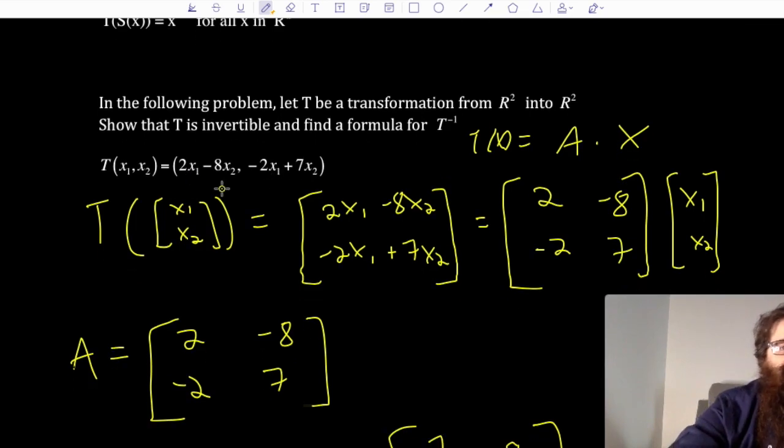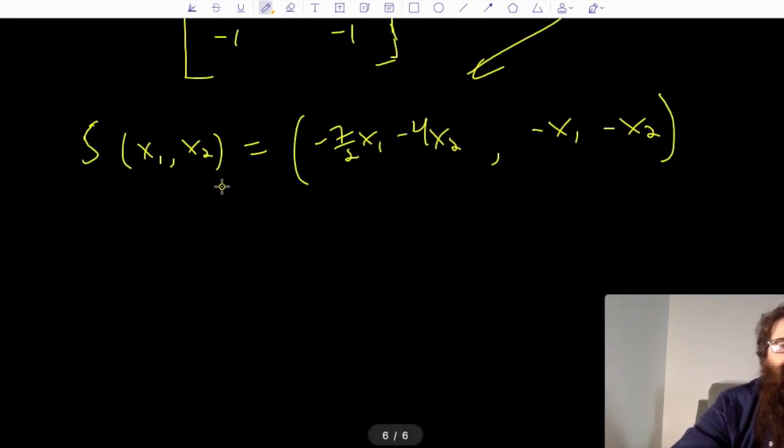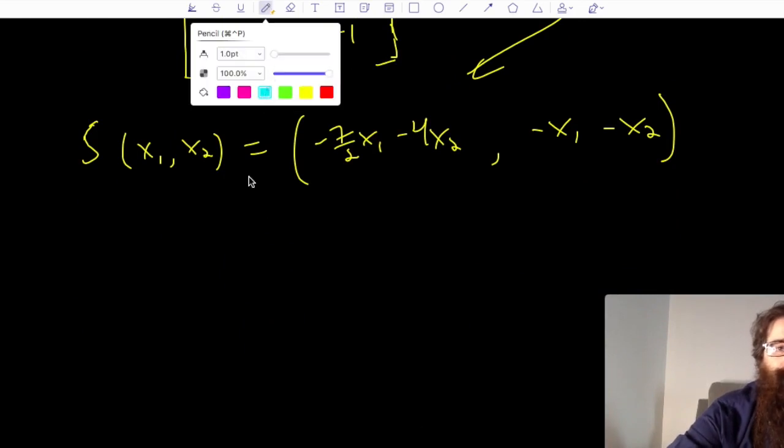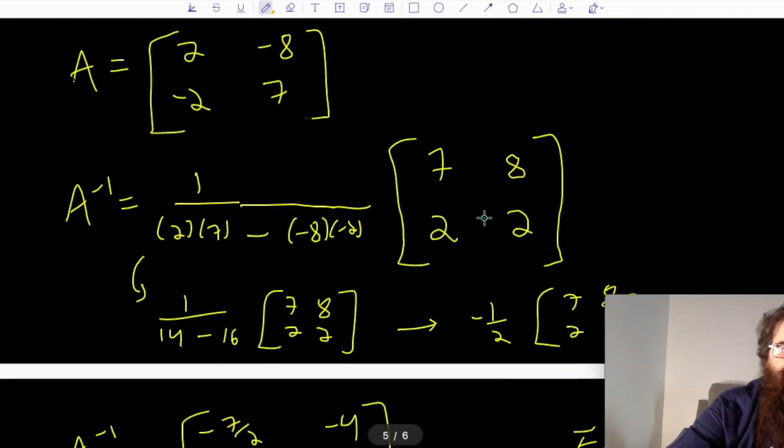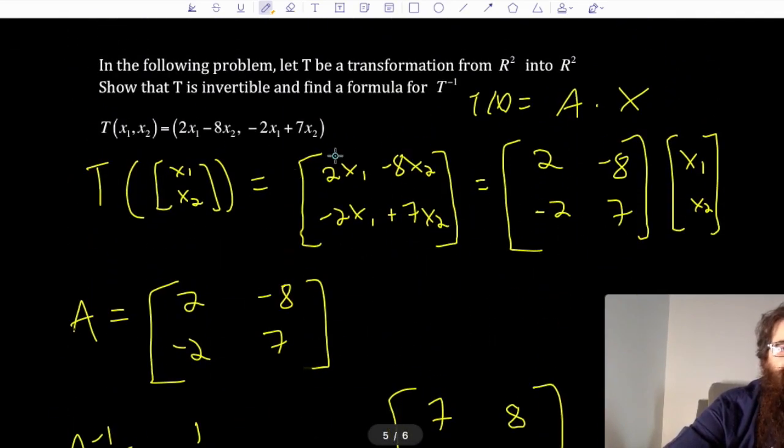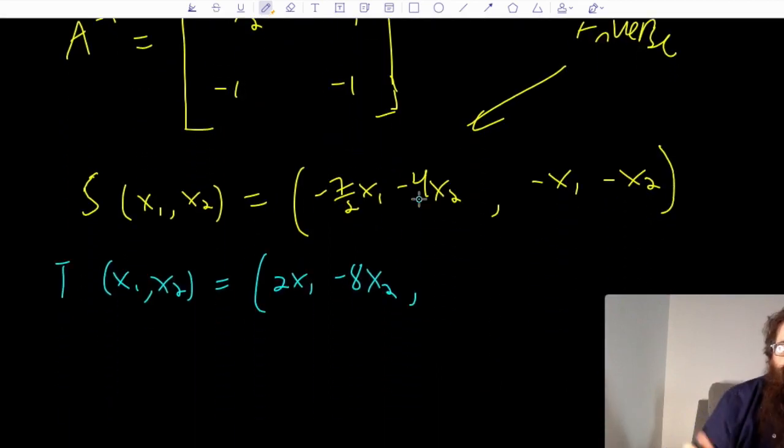So t of x1, x2, that was 2x1 minus 8x2 and -2x1 plus 7x2. I'll use this in a different color.